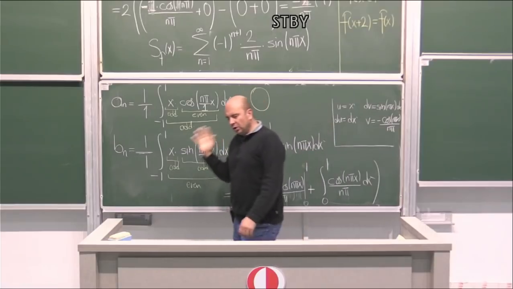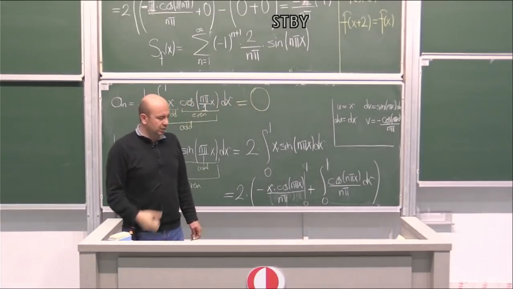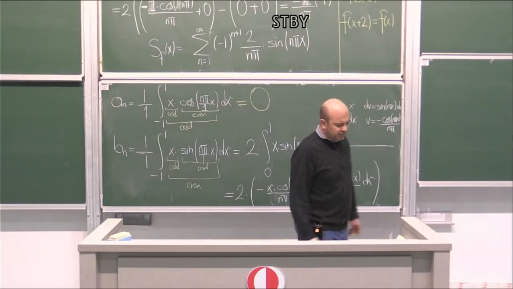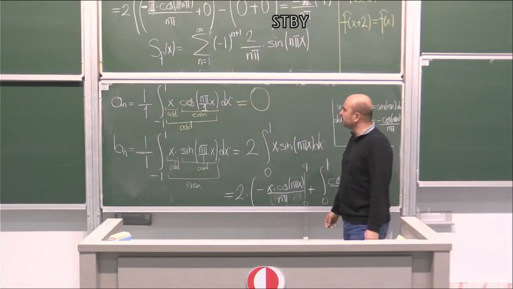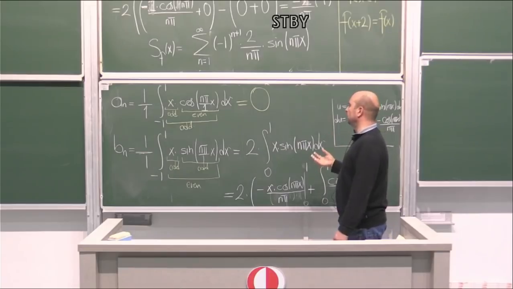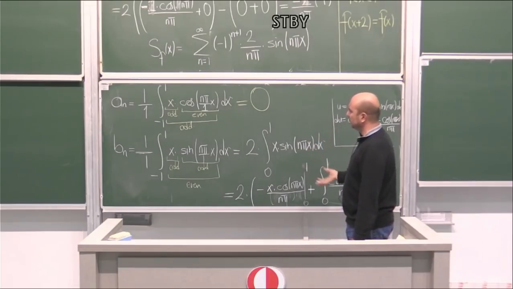Okay. Now, what we learned basically is how to compute the coefficients of the Fourier series for a piecewise continuous function which is periodic. And also we learned something. If our function is an even function, we will have just cosine series.